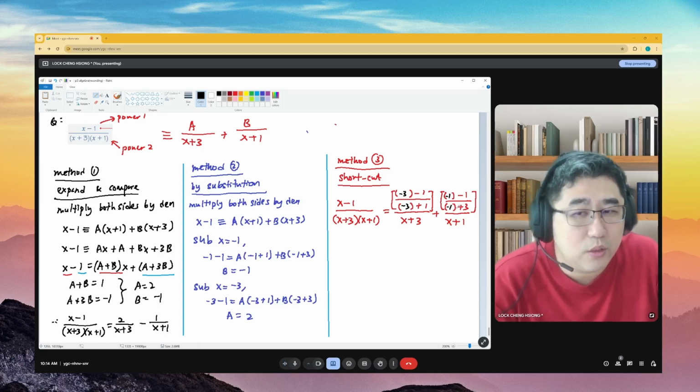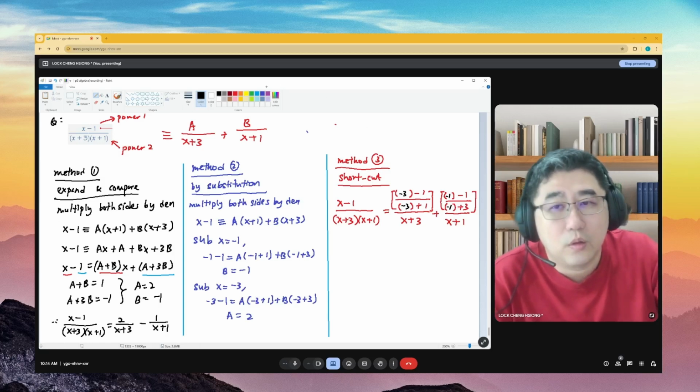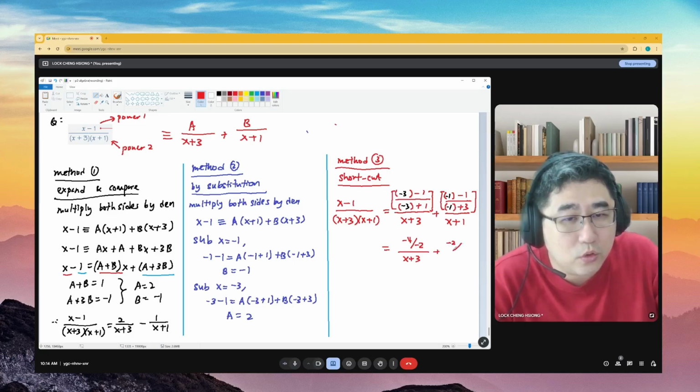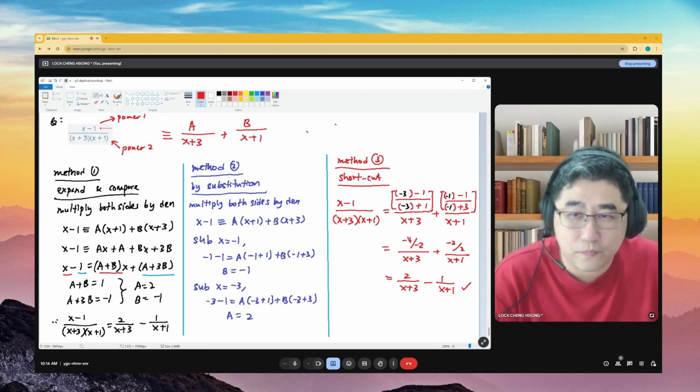The concept is similar to substitution. Let's simplify the numbers. So I have minus 4 over minus 2 over x plus 3 plus minus 2 over 2 over x plus 1. So you can see it's 2 over x plus 3 minus 1 over x plus 1. Done. That's why this is a shortcut.